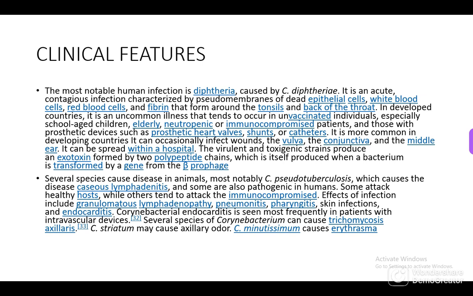The answer is Corynebacterium pseudotuberculosis, which causes caseous lymphadenitis, just like the caseous lymphadenitis commonly seen in tuberculosis. It can occur with Corynebacterium pseudotuberculosis and in nodular sclerosis of Hodgkin lymphoma.